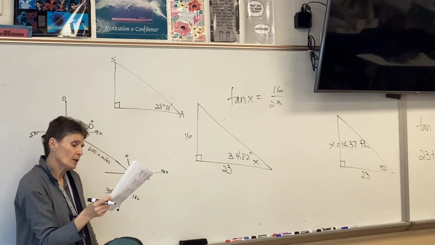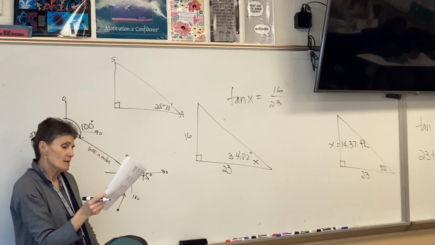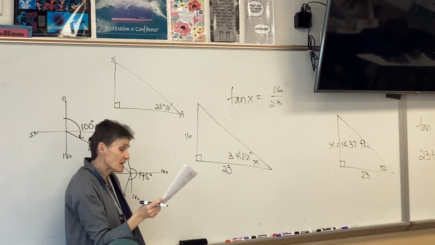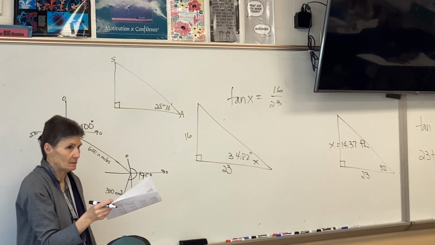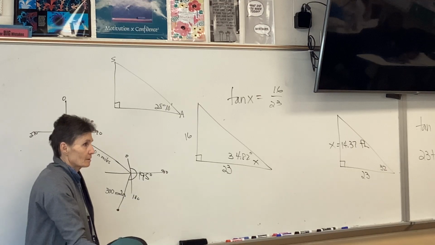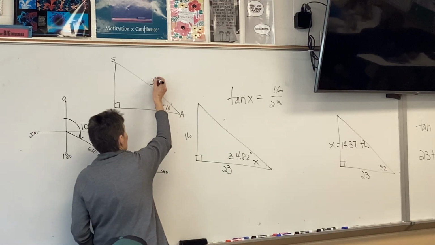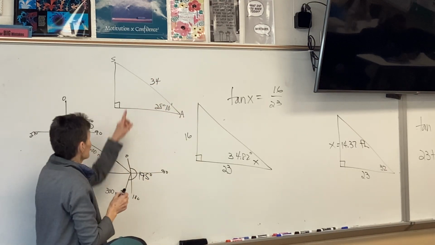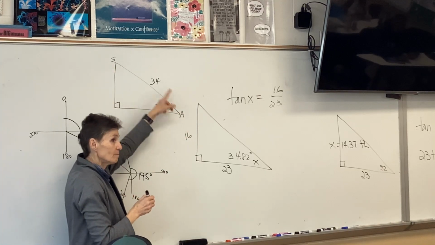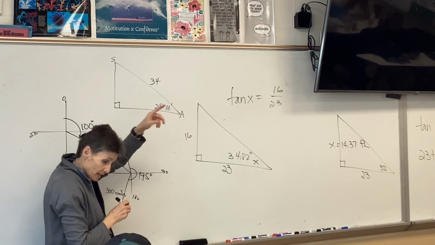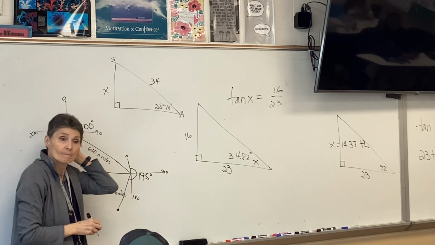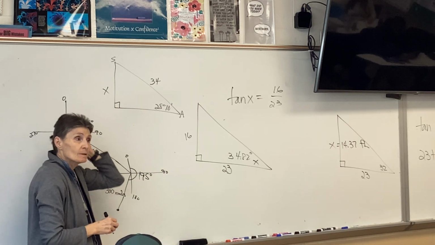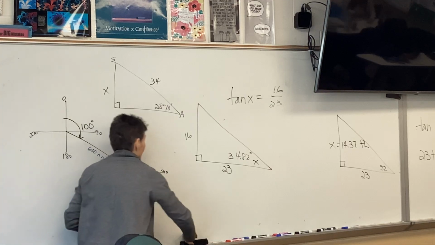A squirrel at the very top spots an acorn 34 feet from him. That's the hypotenuse, isn't it? Here's the squirrel, here's the acorn. And I want to know how tall the tree is. Sine, cosine, or tangent?